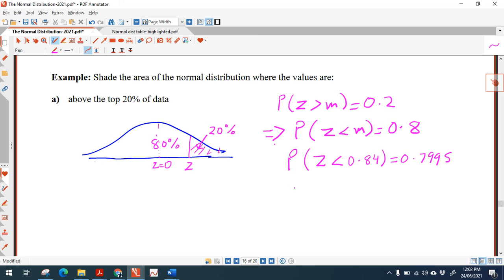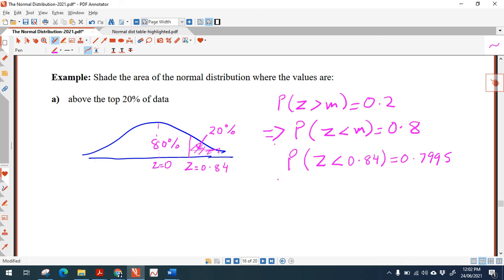Okay, so that means that the z-score, this number here, is equal to 0.84. Now we did want to get 0.8, we got 0.795, so I would say this is only your approximate answer. So 20% of the data is above this number and 80% is below. So that's your answer for that one.